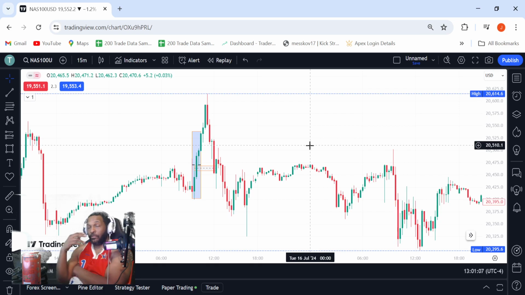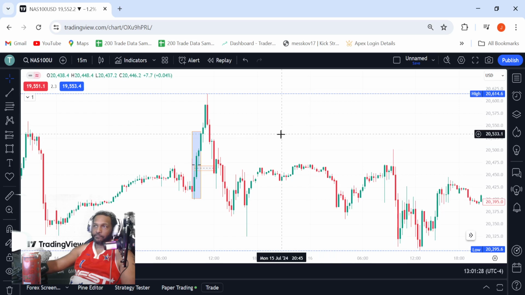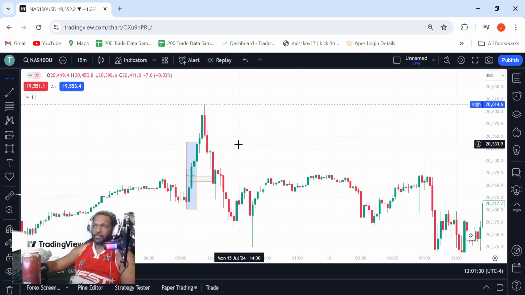I'm trying to choose my words and vocabulary properly here. You could look at that first move outside of the initial balance, once it clears the other side, as a false bias.